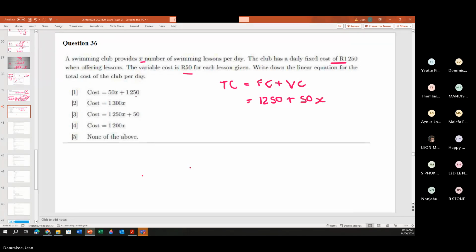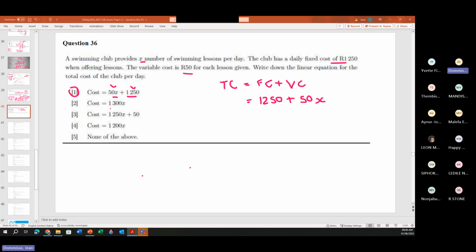So there's the one, there's the other one. So it's option one. Let's just look at the other ones and how they wanted to confuse you.